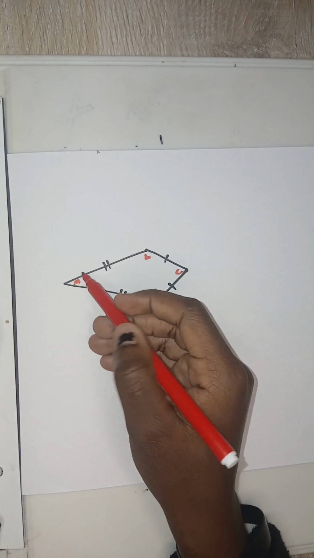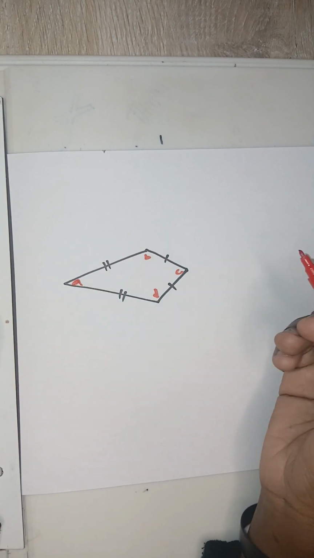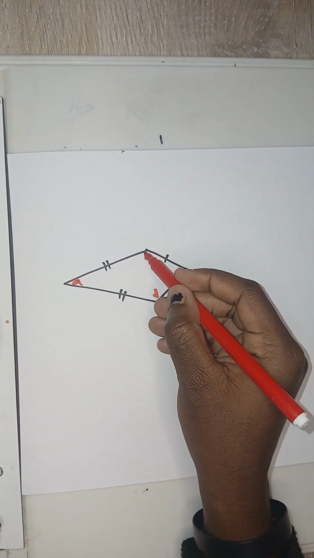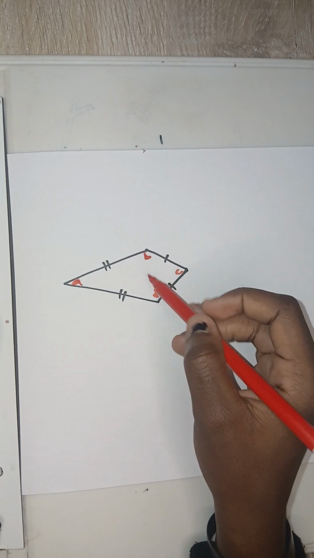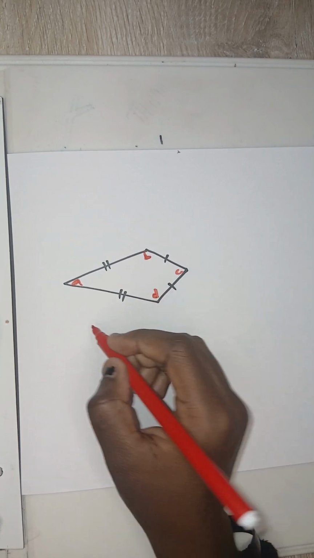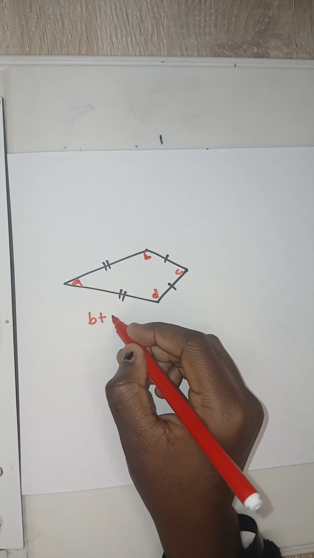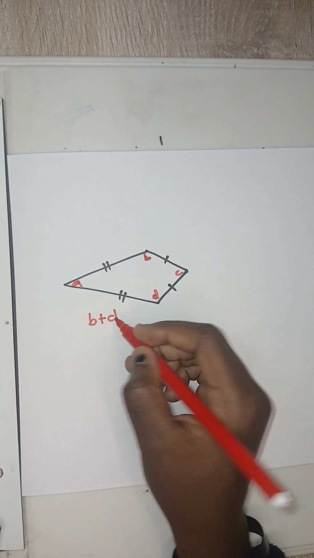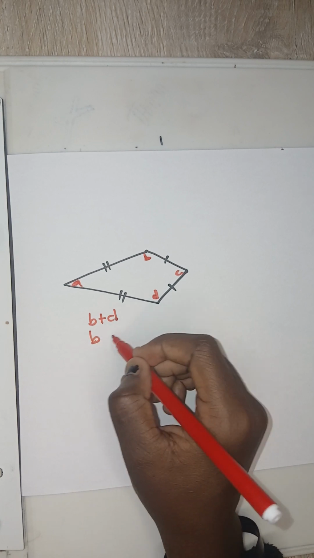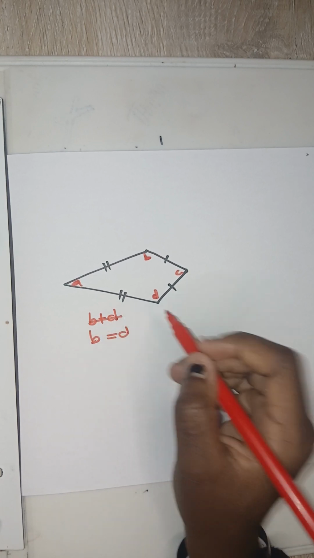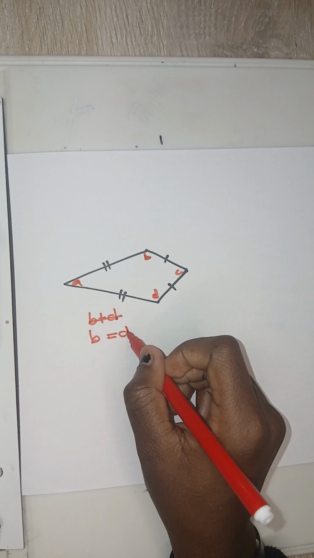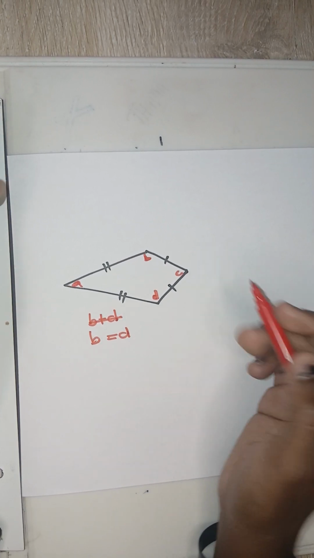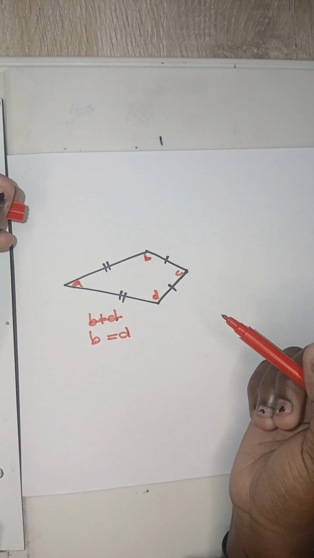This is A, right? I don't know if you can see that. This is B. Not B plus D, but B is equal to D. There's a kite.